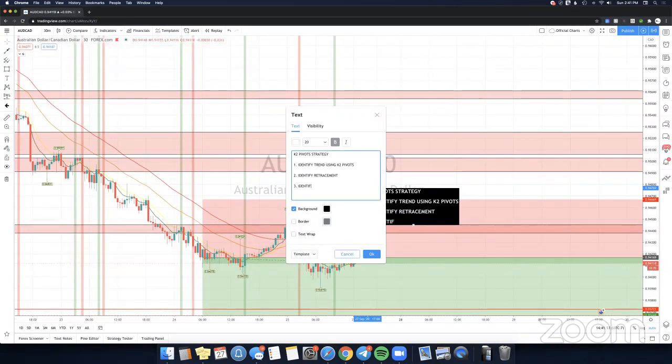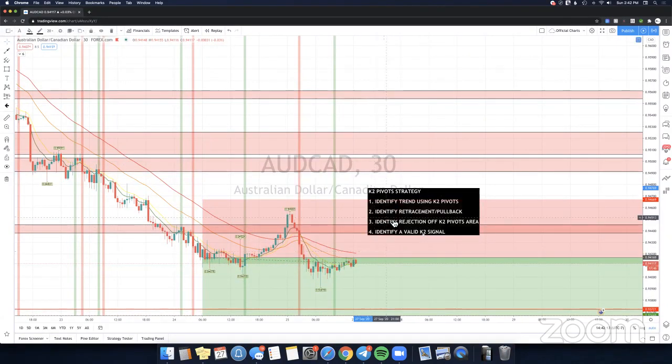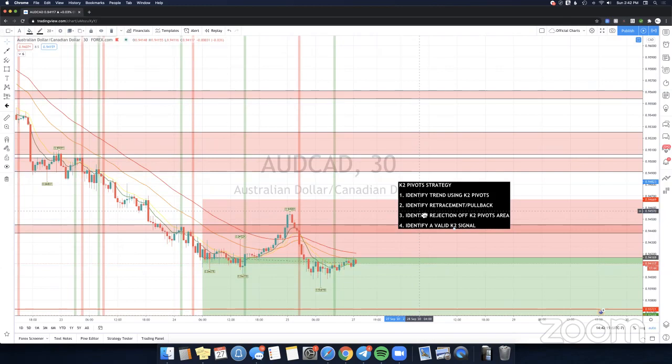Third, identify rejection of K2 pivots area. And then lastly, identify a valid K2 signal. All right, so those are all the requirements right there. What John was asking was whether the second requirement, identify retracement pullback, has been satisfied.